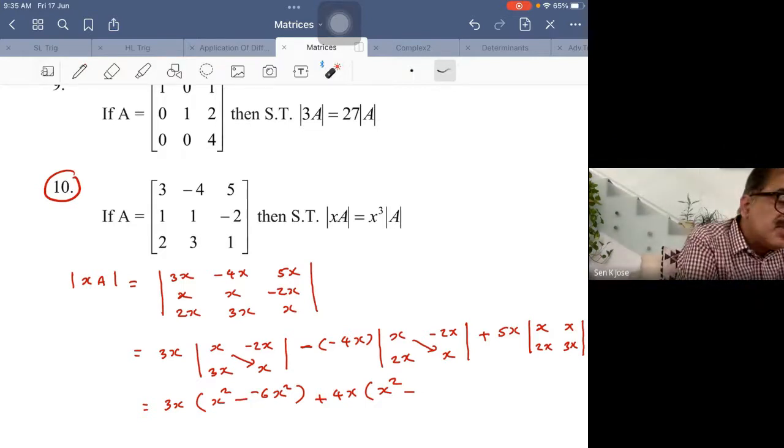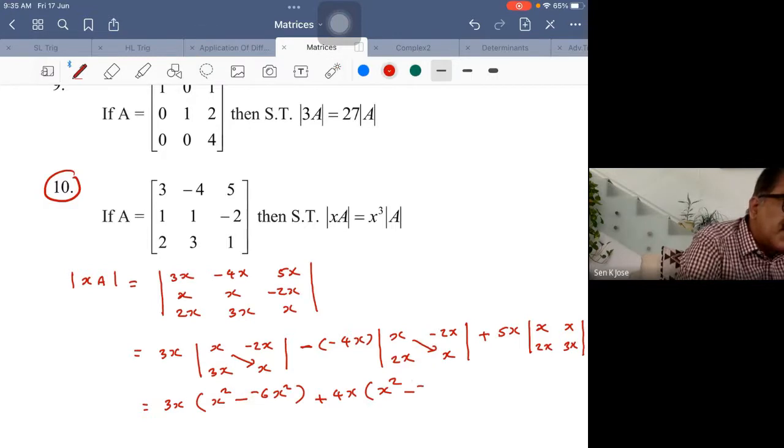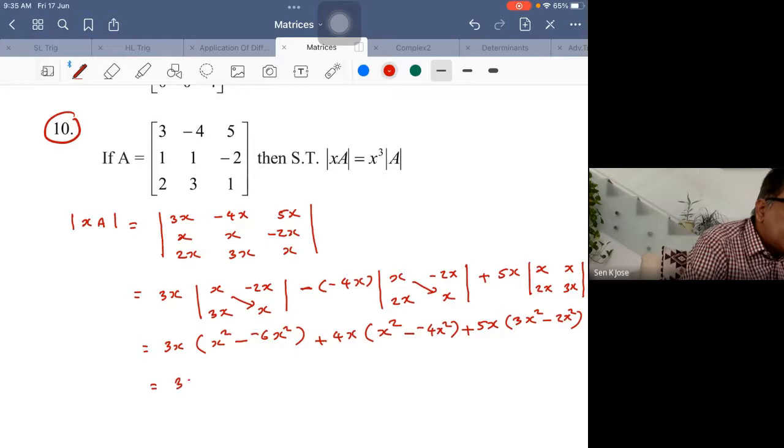Yes, Reina. So when I cross multiply like that, it's positive into negative is negative 4x squared, plus 5x into cross multiply. You will get 3x squared minus 2x squared. So that's going to be 3x into 7x squared plus 4x into 5x squared plus 5x into x squared.